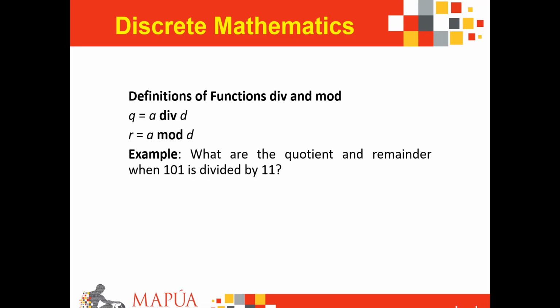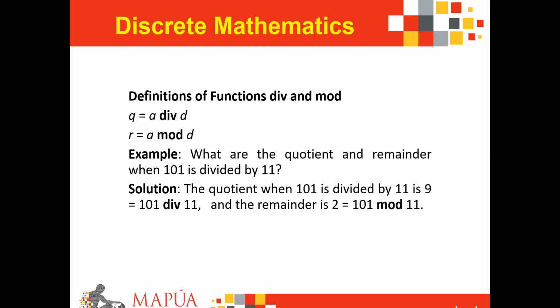This is one such example. What are the quotient and remainder when 101 is divided by 11? The solution is, when 101 is divided by 11, the quotient is 9. Therefore, 9 is equal to 101 div 11. And the remainder is 2, therefore 2 is equal to 101 mod 11.